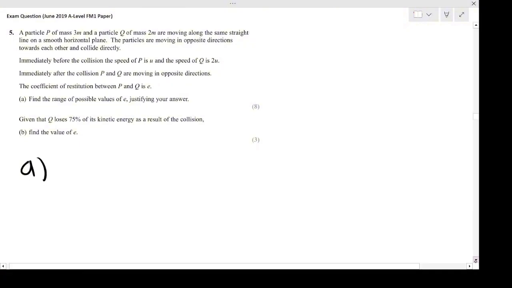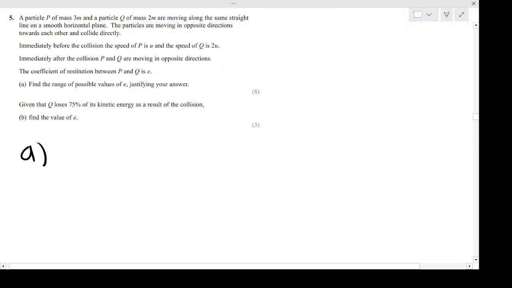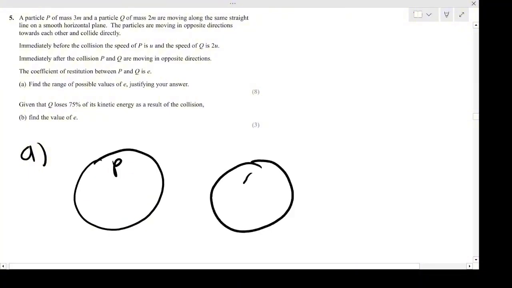Okay, now we're going to be looking at some exam questions. Okay, so again, if we draw a diagram, we'll get to what they want, okay? But before that, let's just do what we know. So again, draw a diagram first. So we have P and Q. Now, P has mass 3m, Q has mass 2m.